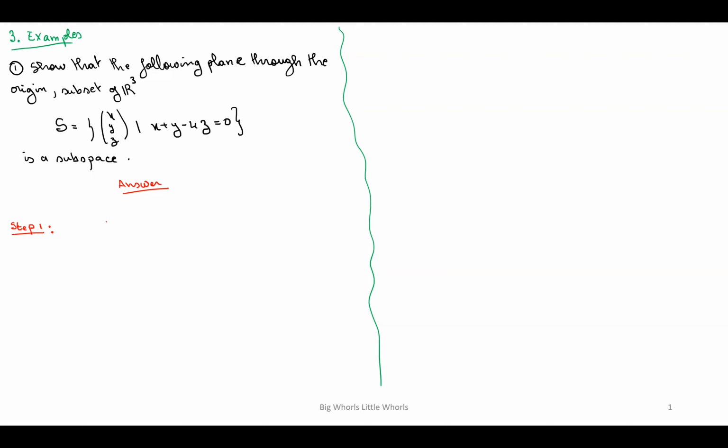This looks like a one equation linear system. So let's consider x plus y minus 4z equals 0 as a one equation system.